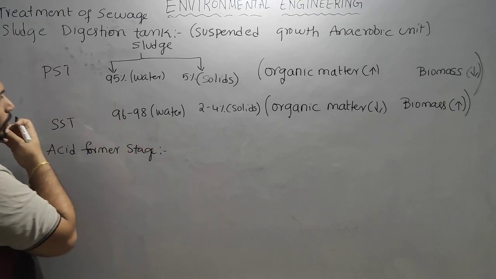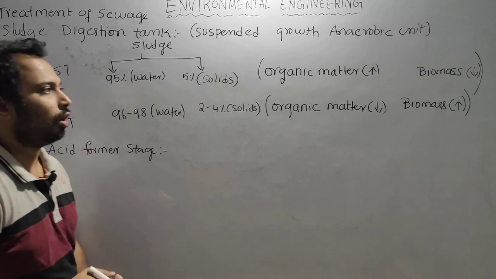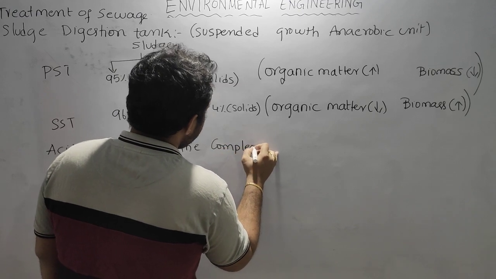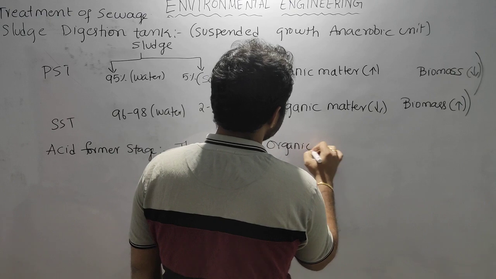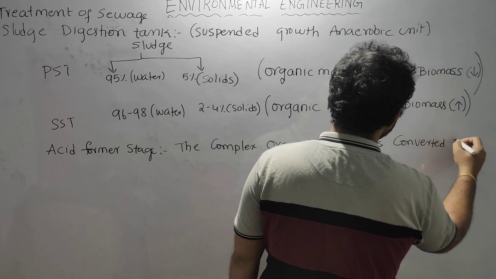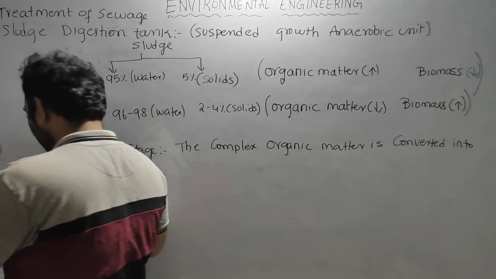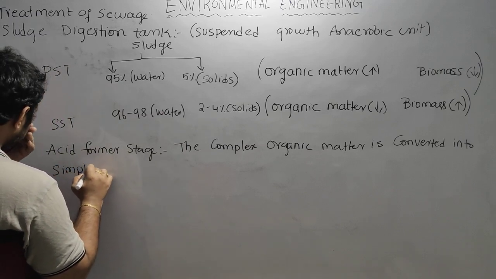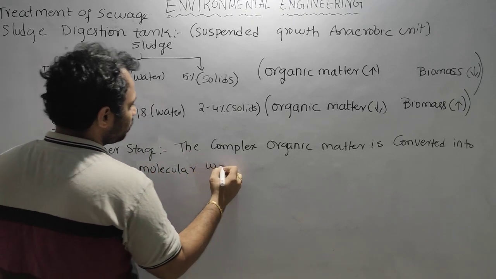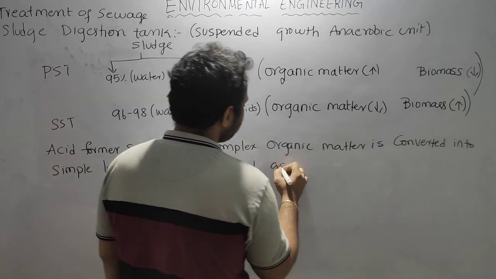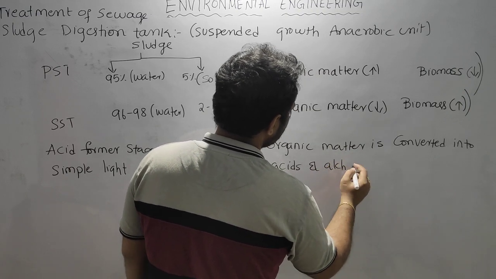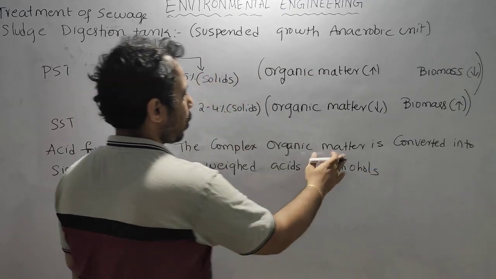In this stage, as I already told you, acid forming bacteria will convert the complex organic matter into simple, light molecular weight compounds.